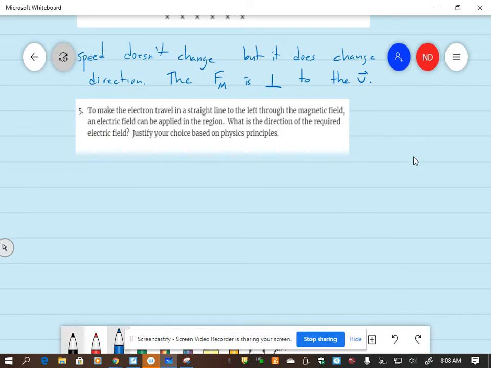All right. Again, we have this space where, on a negative charge, there is a magnetic force this way.